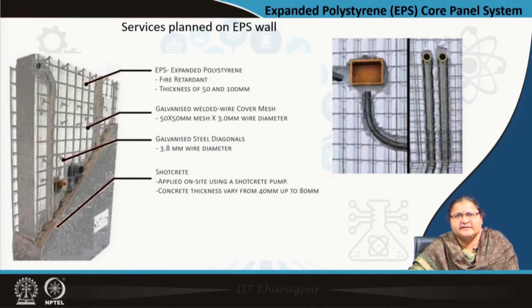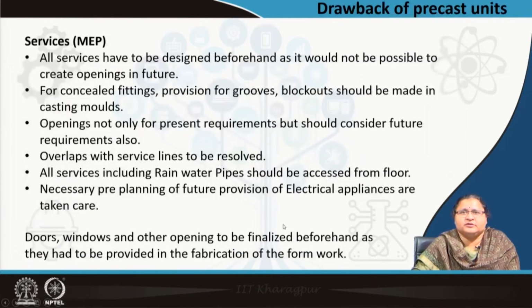So, this is partially taking care of the service lines. Any precast panel, as I had told you, a schedule has to be made; whichever lines are moving are to be drawn earlier, and provisions are to be made for the routes to move. So, that is the major drawback of the precast unit system.